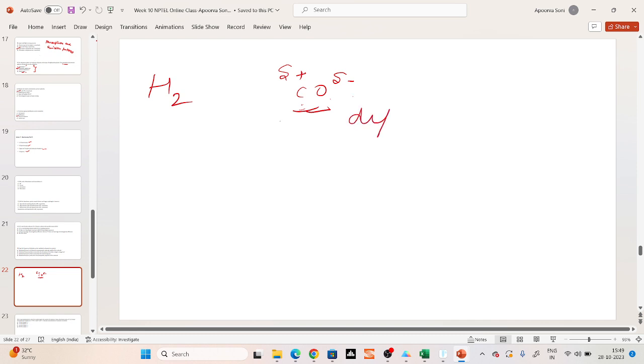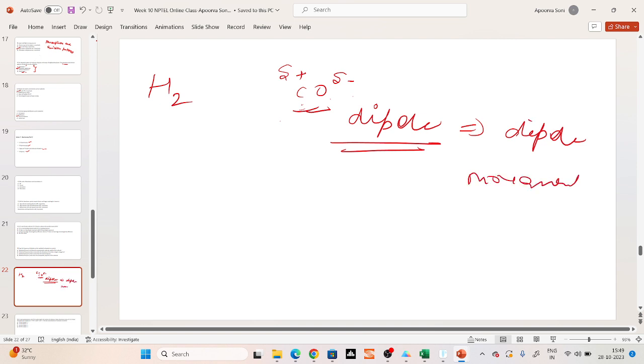So there is the establishment of a dipole, therefore there is an establishment of dipole moment. And how could I say that oxygen has a partial negative charge and carbon has a partial positive charge?